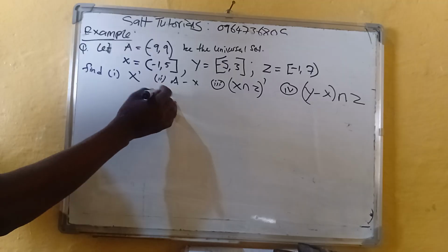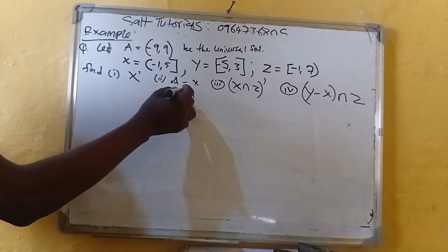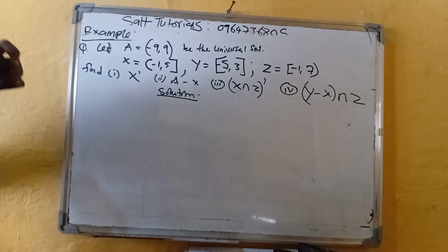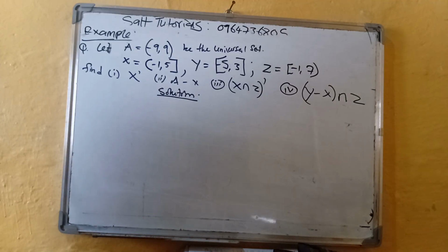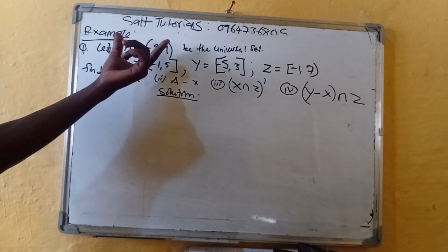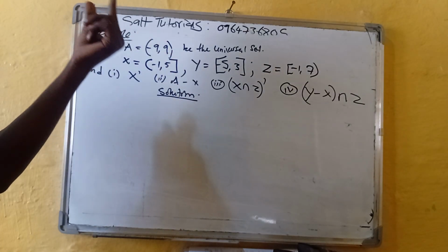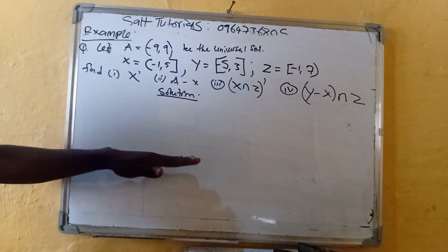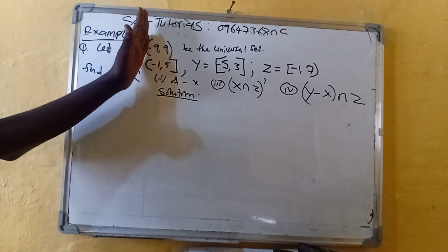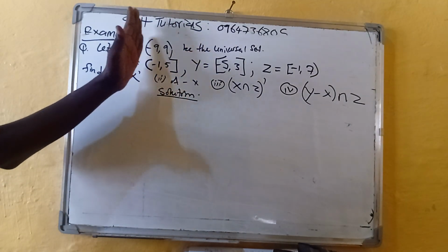So we start. Solution. So here the key point is you locate what your universal set is. In the previous lesson, the universal set was basically the real number line R running from negative infinity to positive infinity. Here we have another direction. This universal set is negative 9 to 9. This is your guide. It means there should not be any value which is away from this interval.